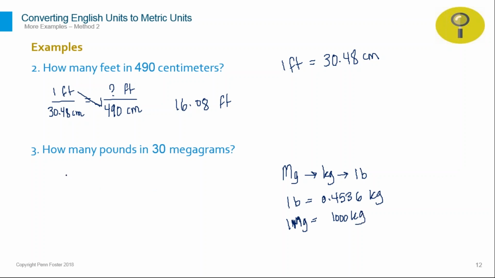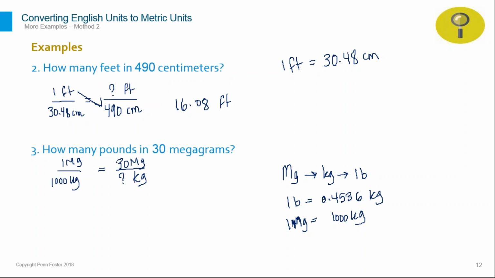Okay, step one, we have 1 megagram equals 1,000 kilograms. And that's our first step. And on the second fraction, I'm going to have the 30 megagrams on the top because I have it on the top on the first fraction. And then how much would that be in kilograms?